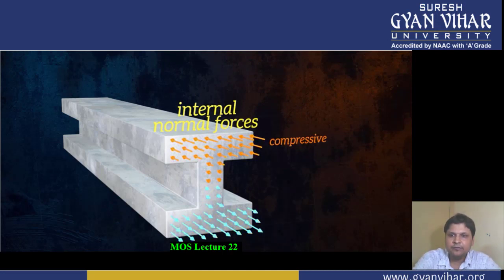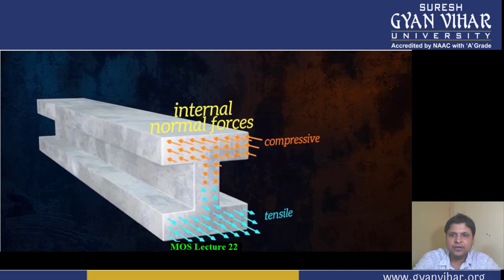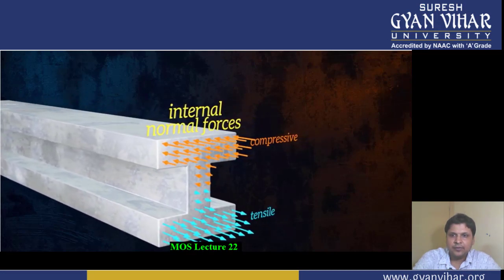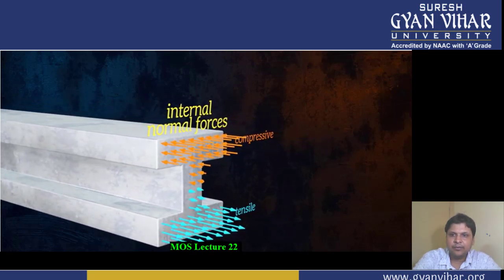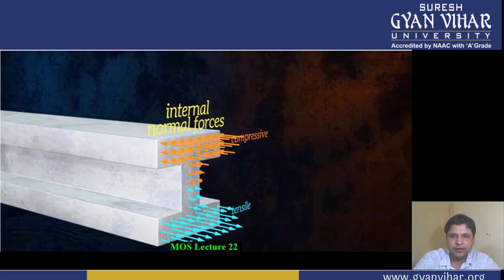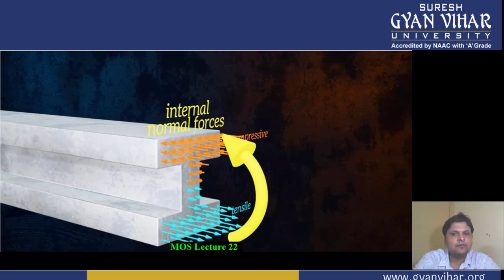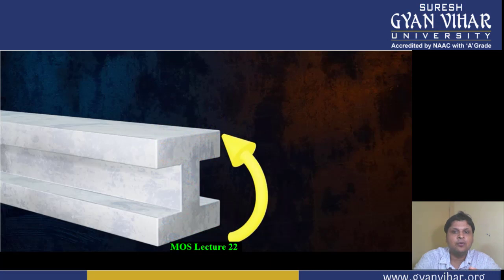The bottom of the beam will get longer, and so the normal forces in the bottom of the beam will be tensile. Each of the tensile normal forces has a corresponding compressive force which is equal in magnitude but opposite in direction. As such, these forces don't produce a net normal force, but they do produce a moment.